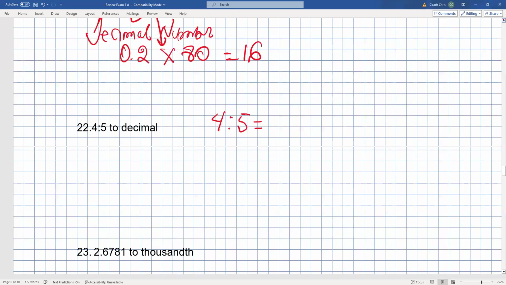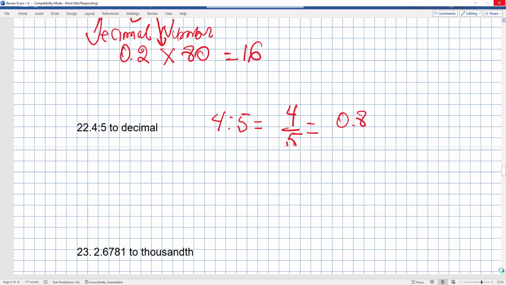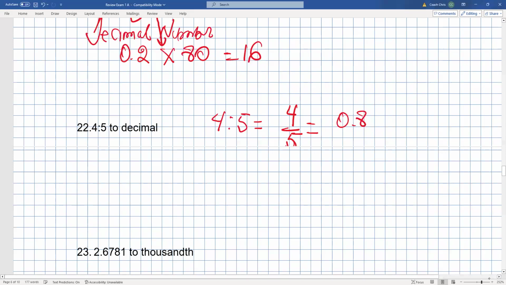We learned so far to convert any ratio to a decimal, get the number on the left side of the colon, divide that by the number on the right side of the colon. 4 divided by 5, you have 0.8. This is how you convert a ratio to a decimal number. All right? This is how you convert any ratio to a decimal number.